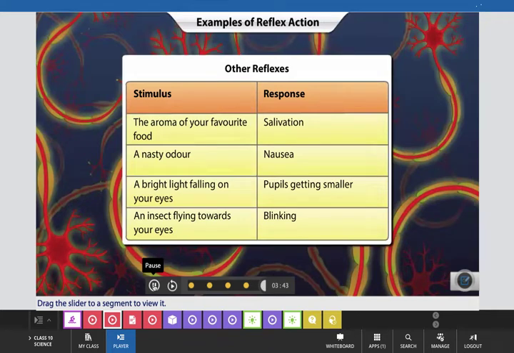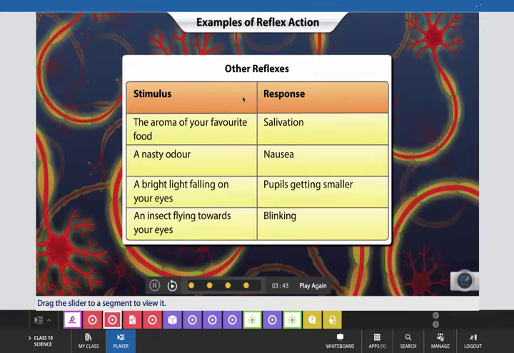Think of some other reflexes you have developed. For example, the aroma of your favorite food makes your mouth water. A nasty odor makes you nauseous. A bright light makes your pupils grow smaller, and an insect flying towards you makes you blink your eyes. Can you think of any others?